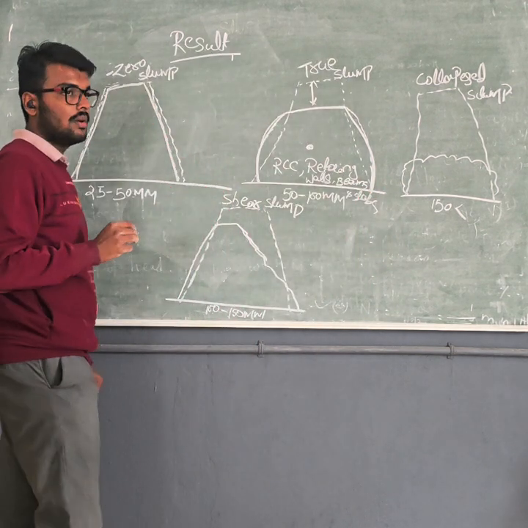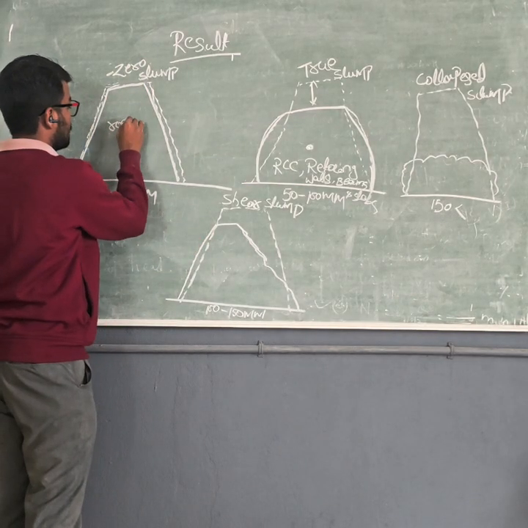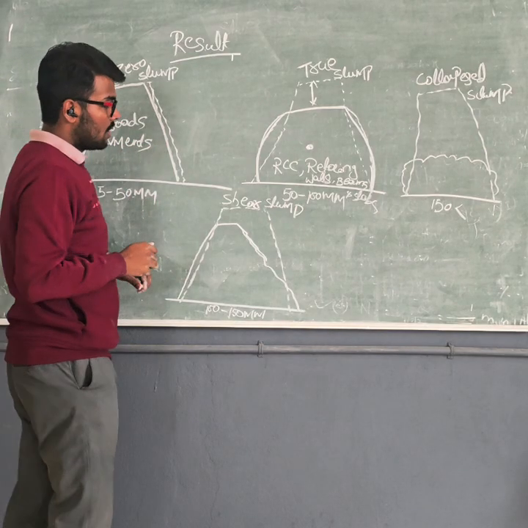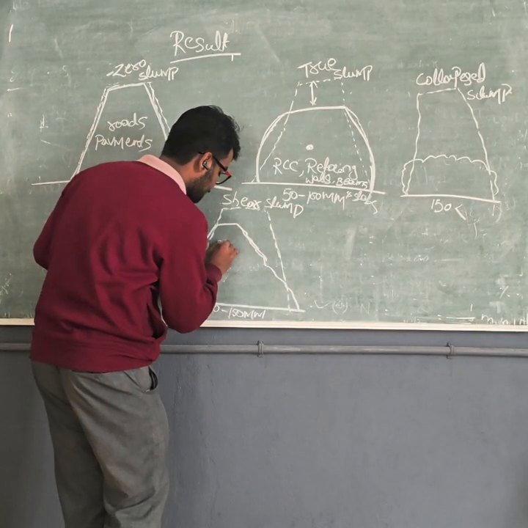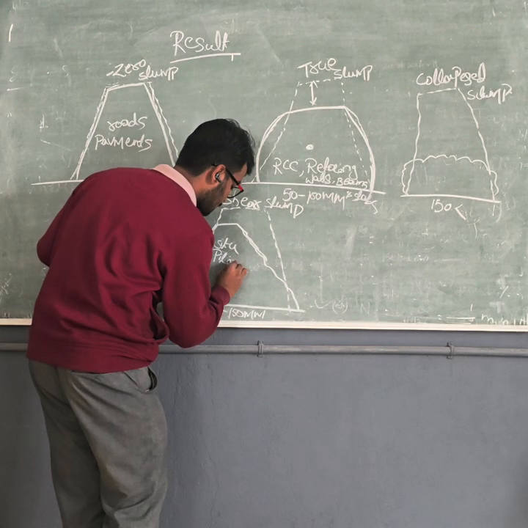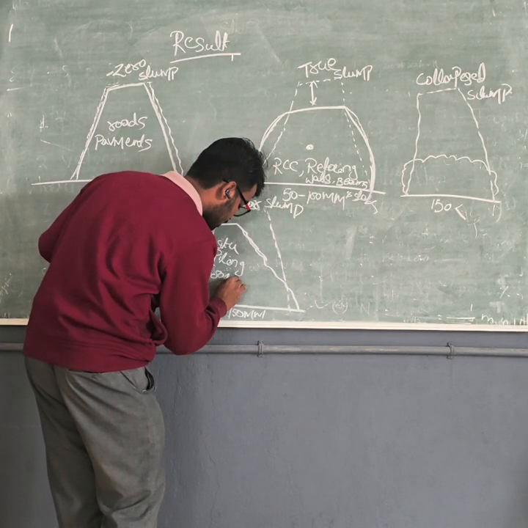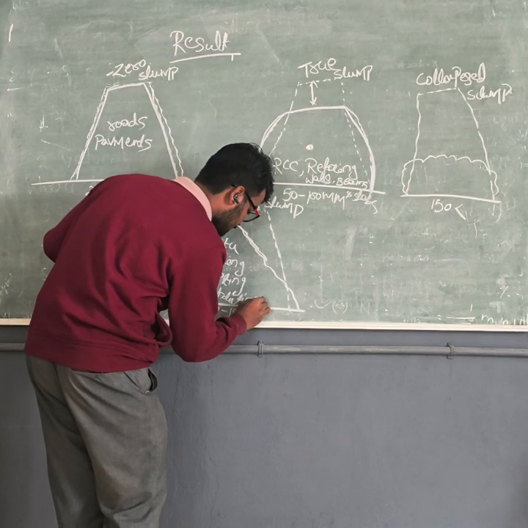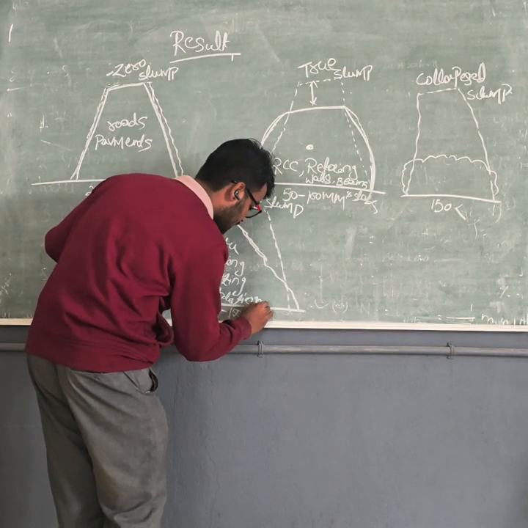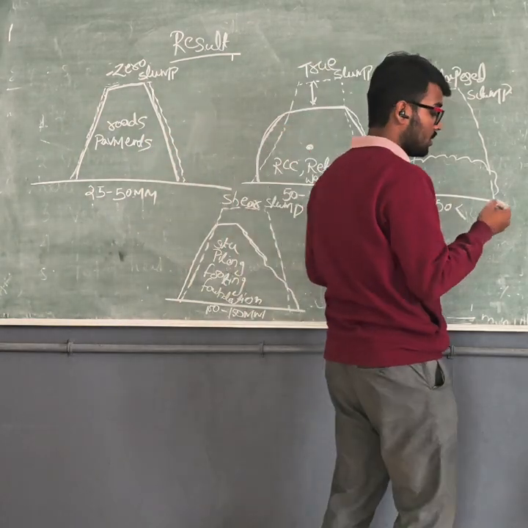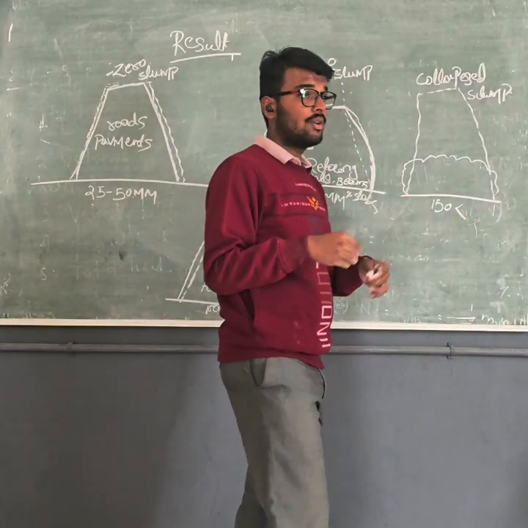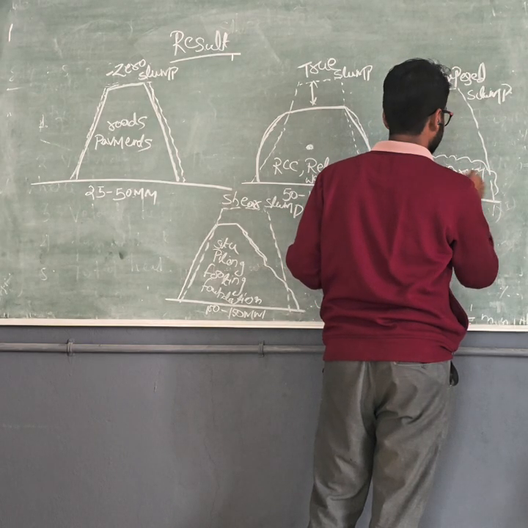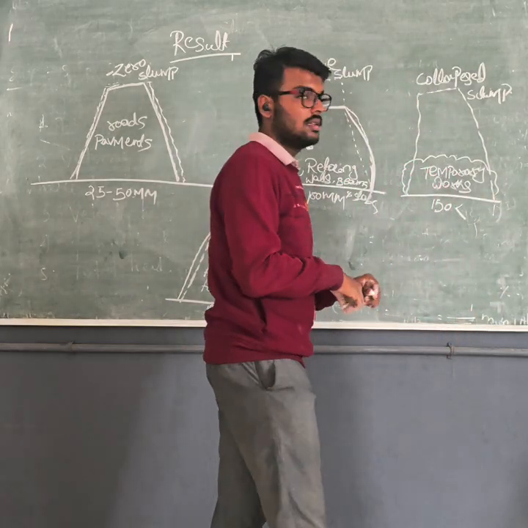Zero slump is used in the construction of roads and pavements, and we use shear slump in situ piling and for putting foundations. And the collapse slump, the concrete which collapsed after the slump cone, we use for temporary works.